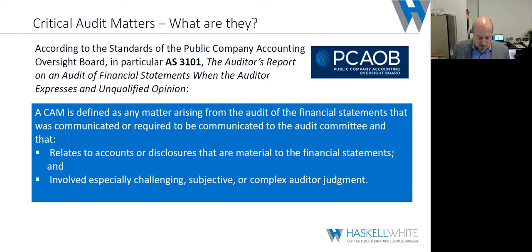They've defined a critical audit matter as, I'll just read it here, something that arises from the audit of the financial statements that was communicated or required to be communicated to the audit committee and meets these 2 bullets. It's going to relate to accounts or disclosures that are material to the financial statements, and it involves some type of especially challenging, subjective, or complex auditor judgment.